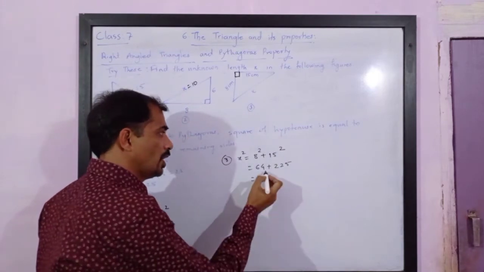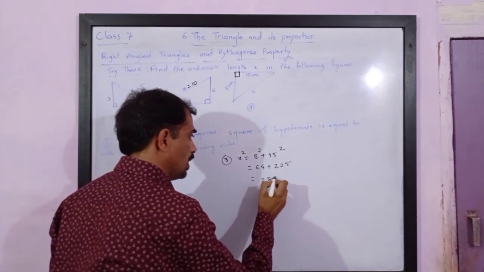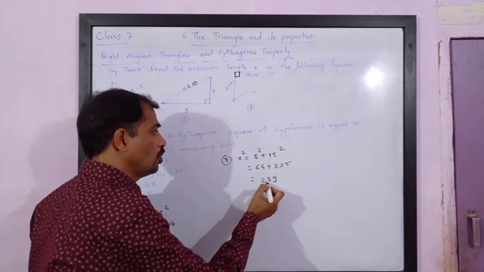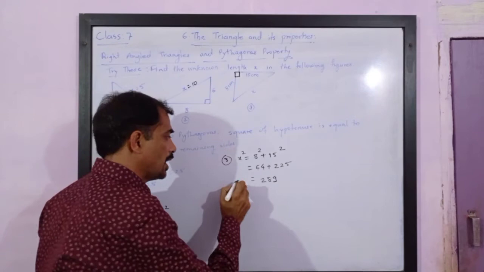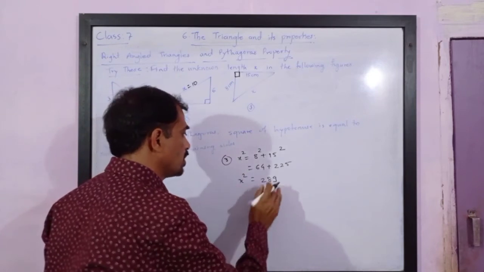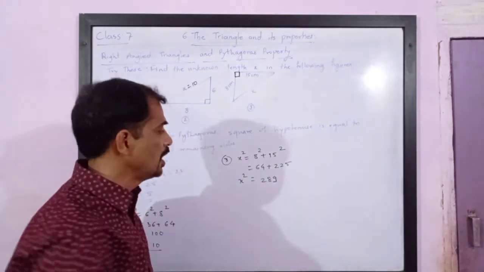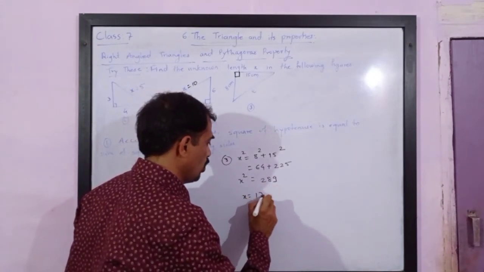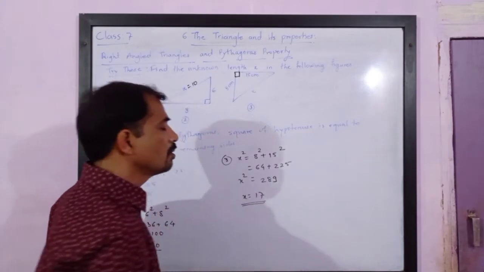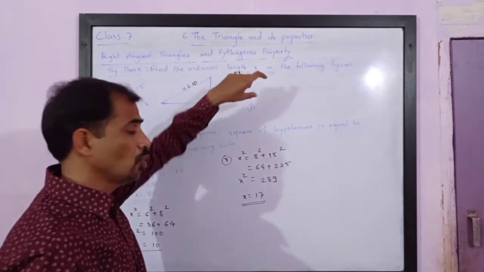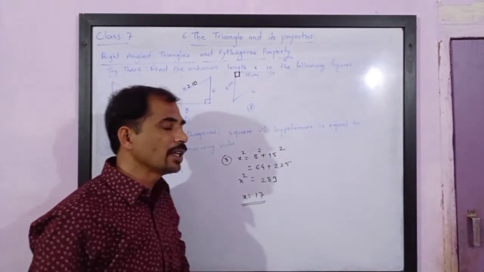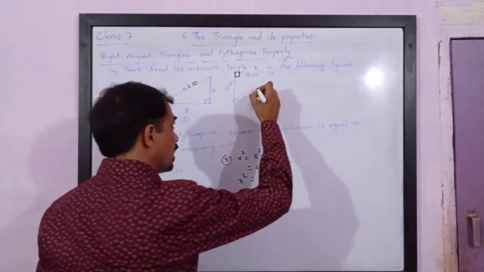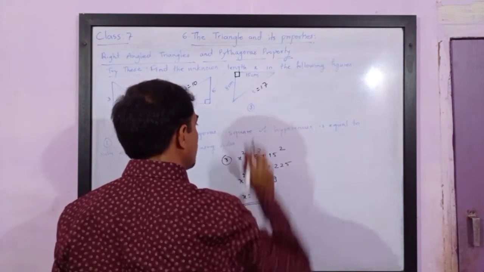If you add this, you will get 289. X square is equal to 289. Taking the square root of both sides, you get x is equal to positive or negative 17. But distance can never be negative, so x is equal to 17. This is the third triangle, x is equal to 17.